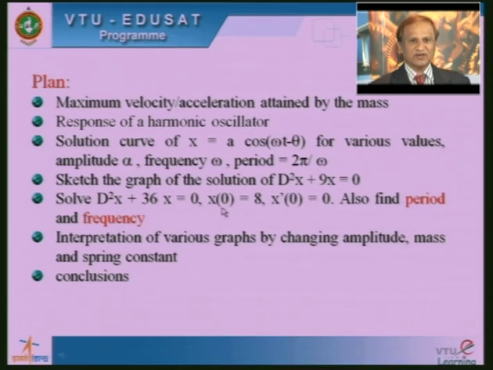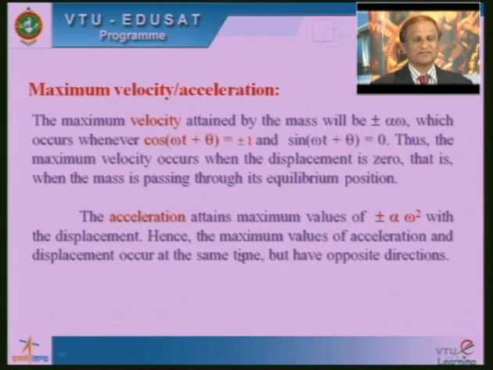Here they have given x of 0 is equal to 8. What is the meaning of this, and what is the meaning of an initial condition? I will explain, and I will also explain how we calculate period and frequency. And I am planning to give an interpretation of various graphs by changing amplitude, mass and spring constant. So I have planned for all these things.